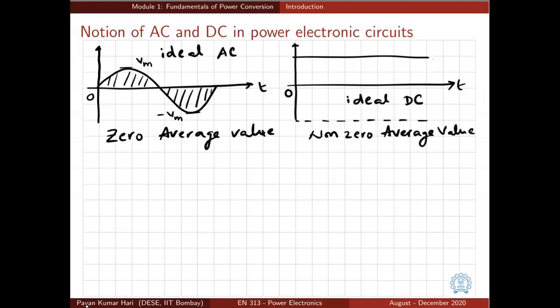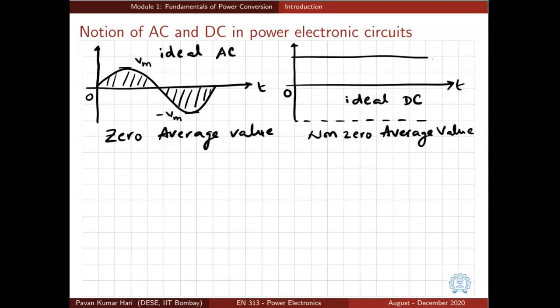Let us try to understand this with a few examples. The AC waveform in a power electronic circuit could look like a square wave. So it is periodic, it has both positive and negative values and a zero average value, but it is not sinusoidal.